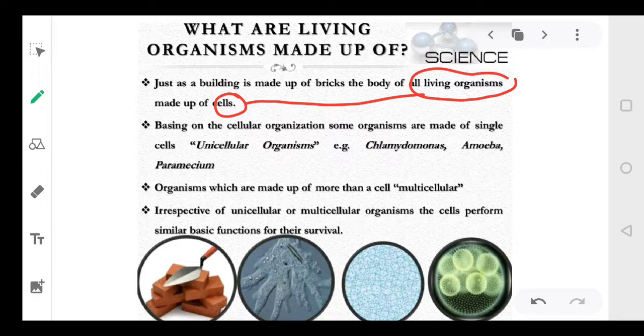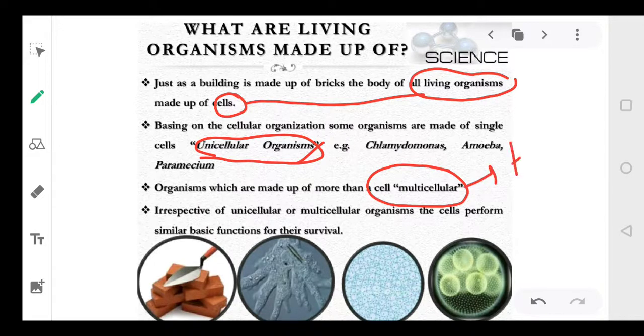Now there are a few organisms which are made up of one cell, so we call them unicellular organisms. The organisms which are made up of more than one cell are called multicellular organisms, like human beings.